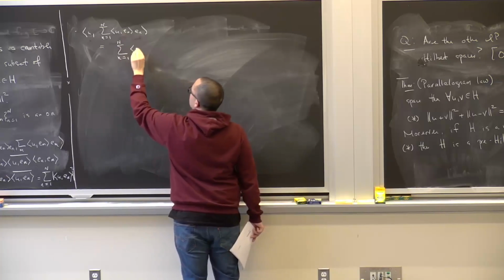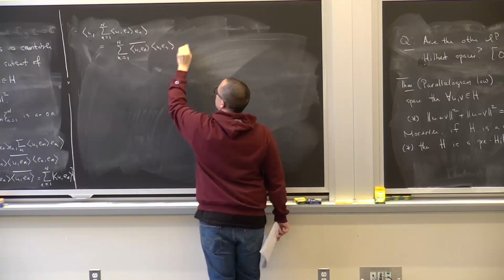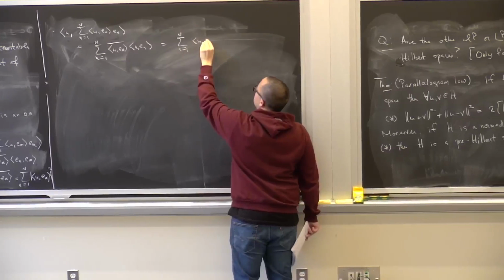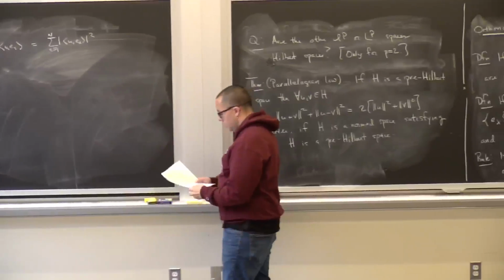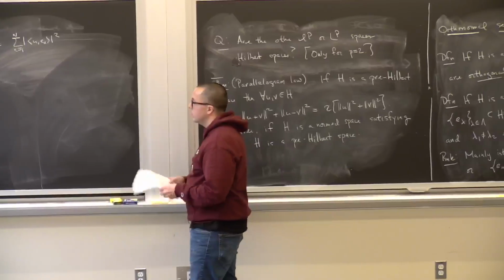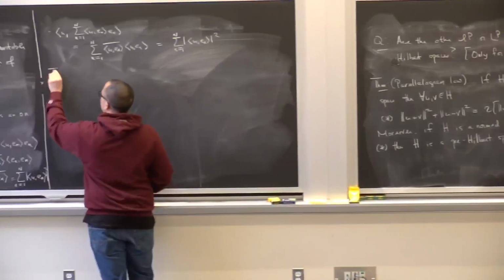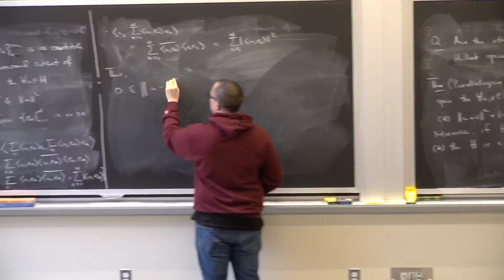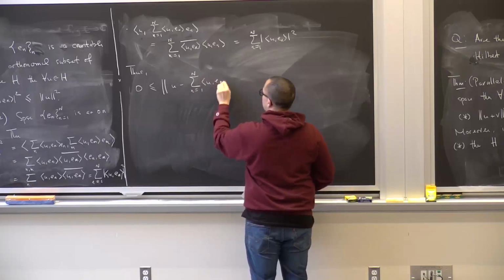This number comes out and gives me a complex conjugate. And therefore, 0 is less than or equal to the norm of u minus the sum from n equals 1 to N of ⟨u, e_n⟩ e_n.